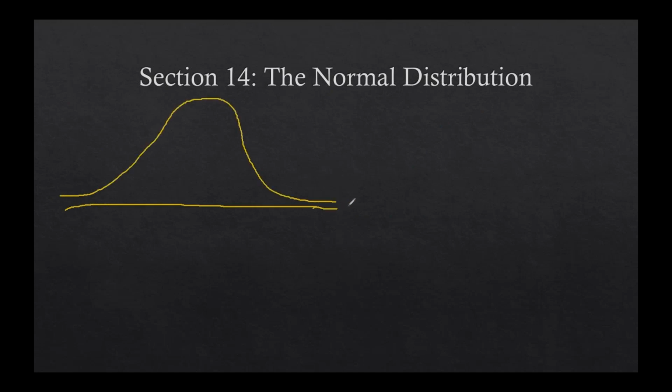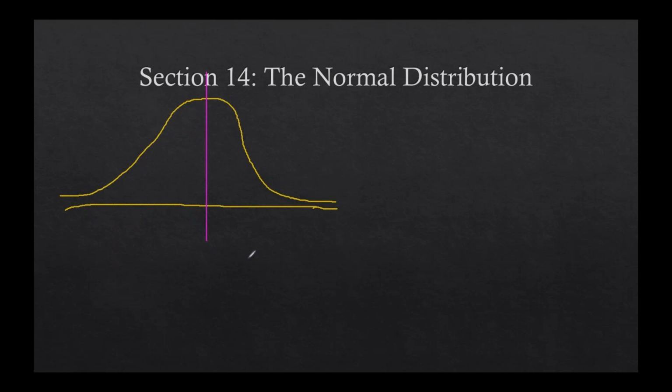Again, bear with me, I'm writing with a mouse. But the normal distribution is based off of this beautiful bell-shaped curve, right? Symmetry. And the big thing about this is that if we put a straight line down the middle and we fold the left and the right half, they should be the same.